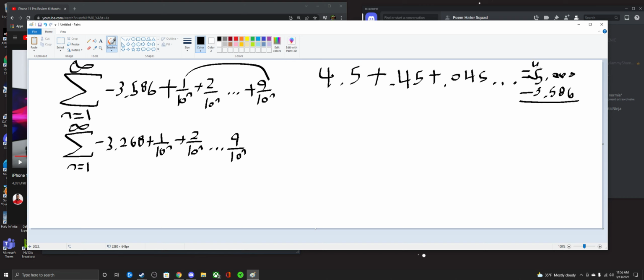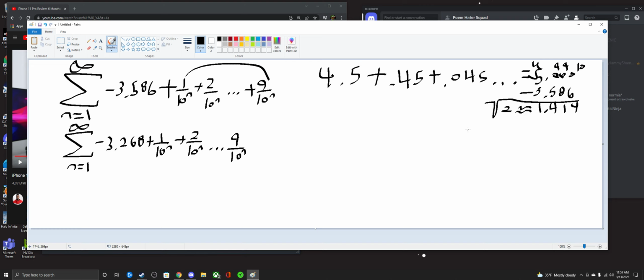This becomes 4, 9, 9, 10. We get 4, 1, 4, 1. So we get 1.414, which most people know is root 2, or just an approximation of root 2, so we'll do that here. Root 2 approximately equals 1.414.